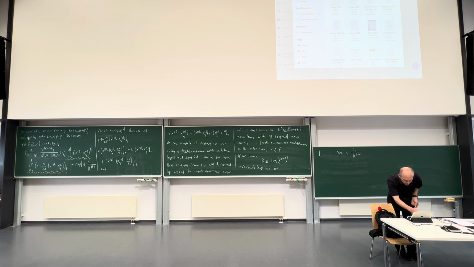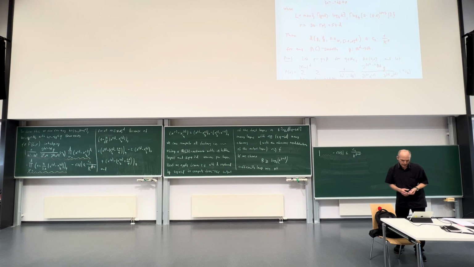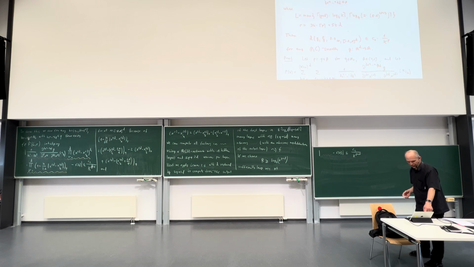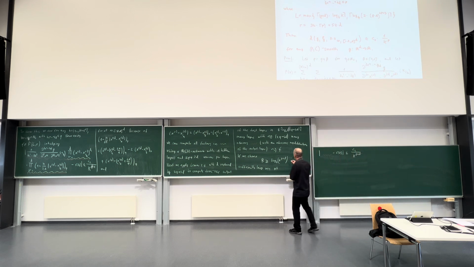Do I really get the right neural network? Well, okay, so you see what I really make is L is bigger than the maximum of p plus d times log 4K. So this is p plus d times log 4K.